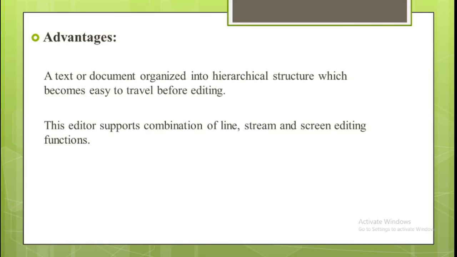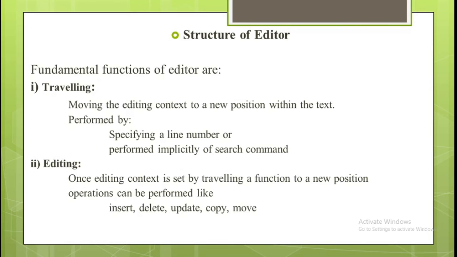The advantage of this editor is that a text or document is organized into a hierarchical structure which becomes easy to travel before editing. This editor supports a combination of line, stream and screen editing functions. These are all the types of editors and their corresponding advantages and disadvantages.